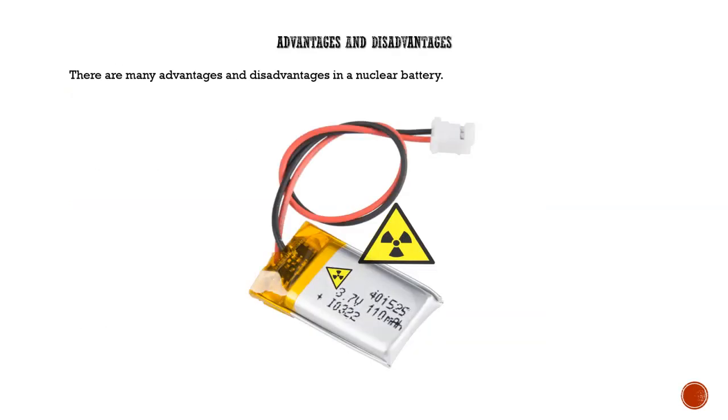Okay, so now coming to the advantages and disadvantages of nuclear batteries. First, I'll tell the advantages. The nuclear batteries have a long lifespan of around decades, and they are more reliable sources, with constant power supply.